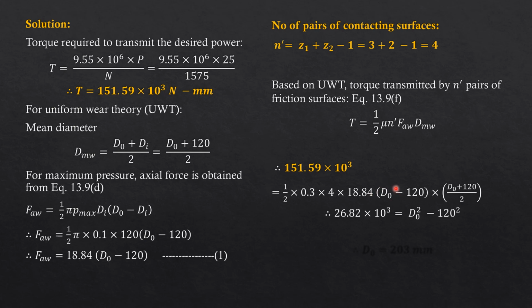Now substitute this and simplify this, and you will get dO as equal to 203 mm. So straightforward, you can directly find out the outer diameter. So that finishes off this video. We now move on to problem number 6 in the next video.